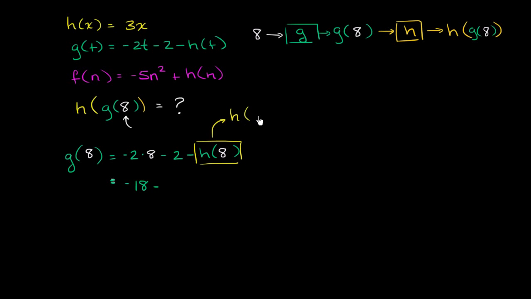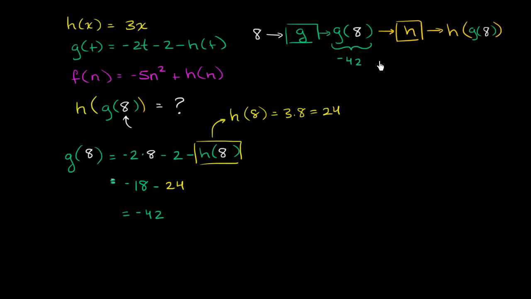So h of 8 is just going to be, well, every time we see an x, we replace it with an 8. It's going to be 3 times 8, which is equal to 24. So this value right over here is 24. We are subtracting it, so we have minus 24. Negative 18 minus 24 is negative 42. So we figured out what g of 8 is. It is negative 42.